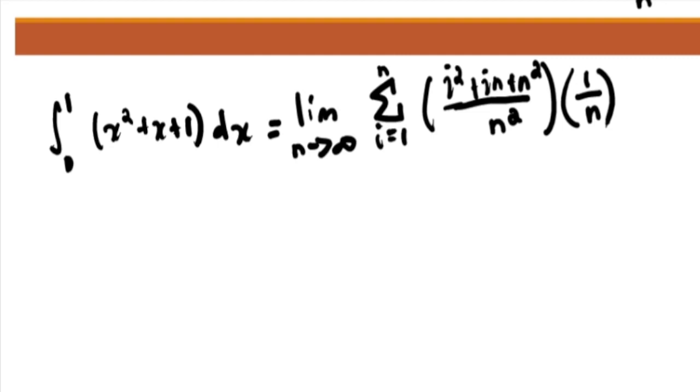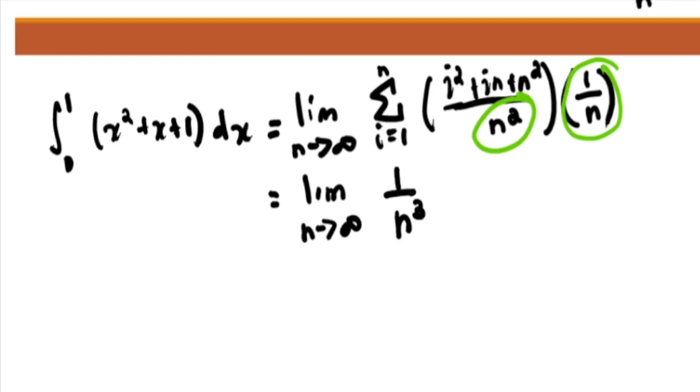Okay, so similar to the previous examples, pwede natin itong ilabas. Isama na rin natin yung n squared sa denominator. So limit as n approaches infinity, we have 1 over n cubed ng summation.